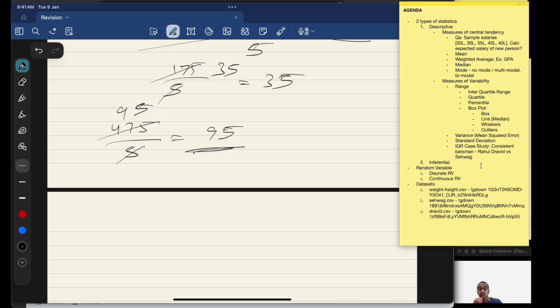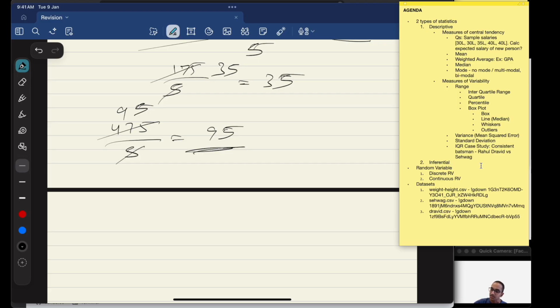You can use the mean when the data set is very symmetric, in the sense that there are no outliers, no extreme values in the data set, and all of them have equal importance. We will understand this importance part in the weighted average, but for now, just think that when the data set does not have extreme values, we can use the mean.